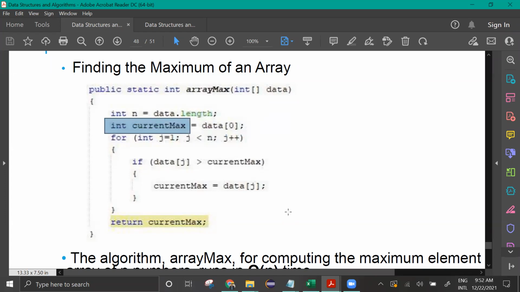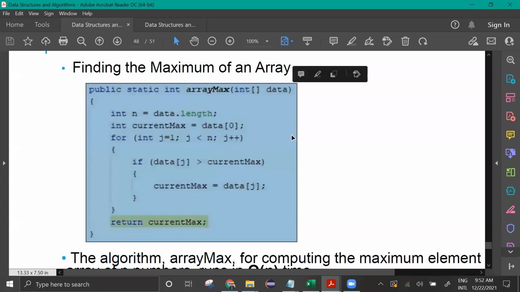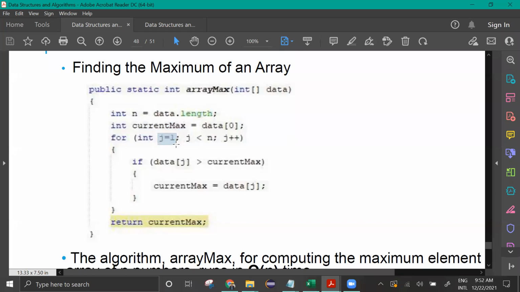So we start with 1 and then we go up to n.